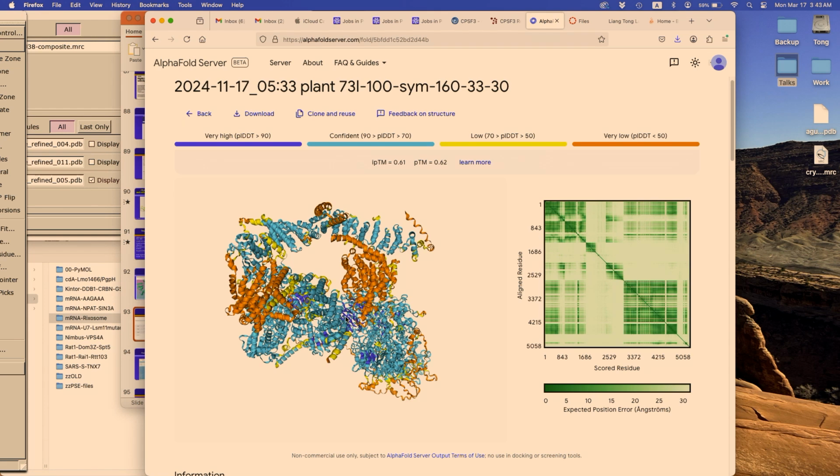But even if you ignore them, the rest actually has a lot of information that can help you design better experiments, and help you get a better understanding of what this protein complex looks like. Okay, and if you're looking at protein ligand interactions, you can put in a ligand and see how that interacts as well.